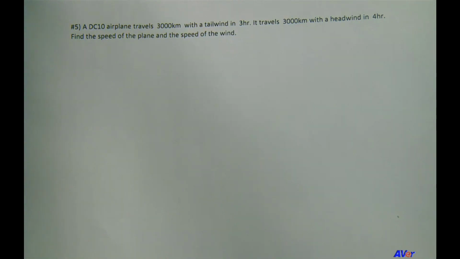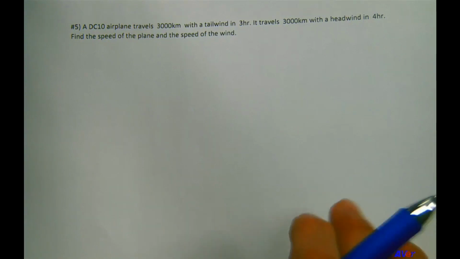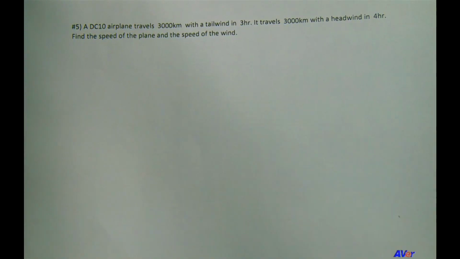All right, so I'm assuming you've done that, and now you're back. This says a DC-10 airplane travels 3,000 kilometers with a tailwind in 3 hours. It travels the same distance, 3,000 kilometers, with a headwind in 4 hours. Okay?